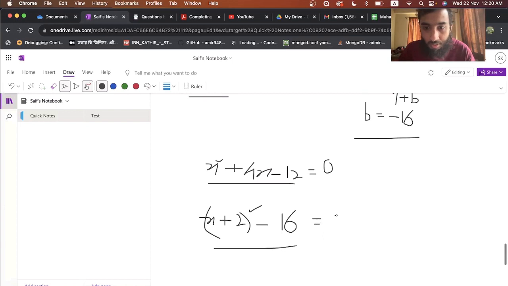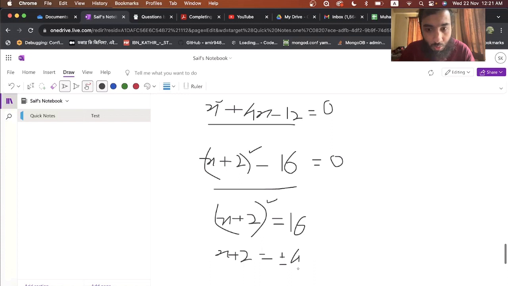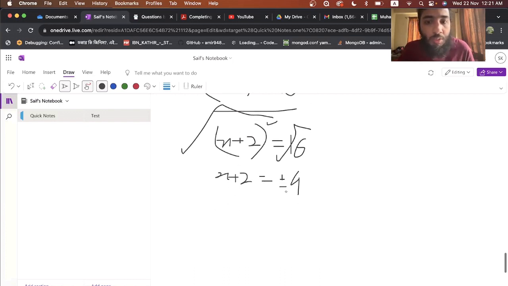So this is 0. So I can write x plus 2 whole square is 16. So x plus 2 is plus minus 4, if we take the root of both sides.